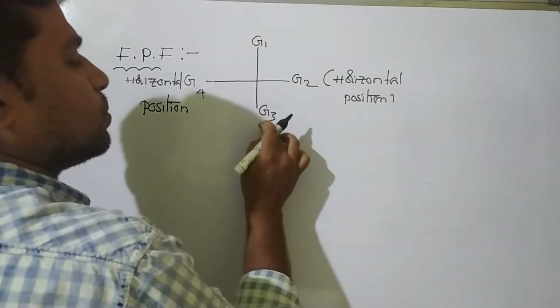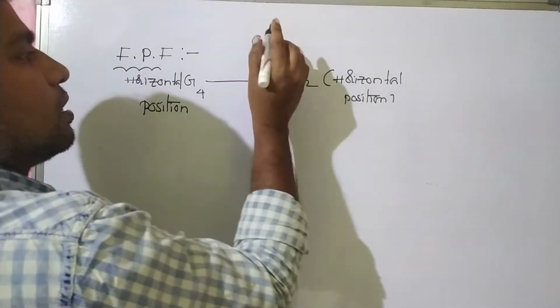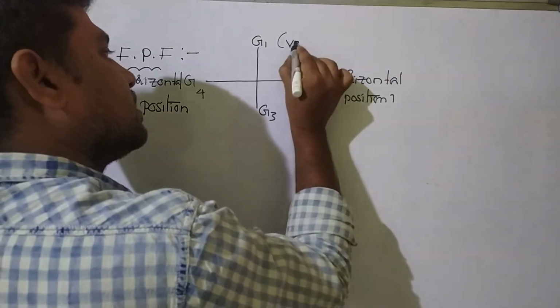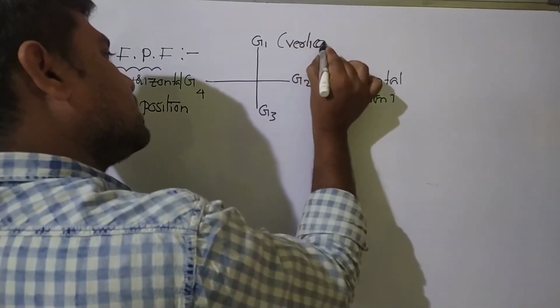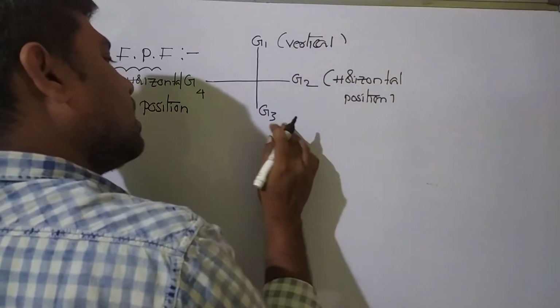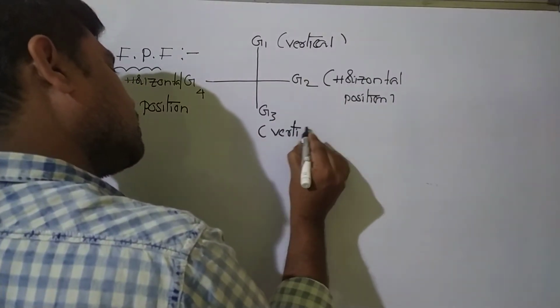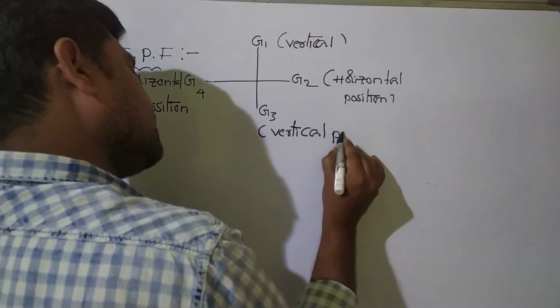And these 2 groups, this G1 and G3, these are vertical positions. So this is a vertical position and this is also a vertical position.